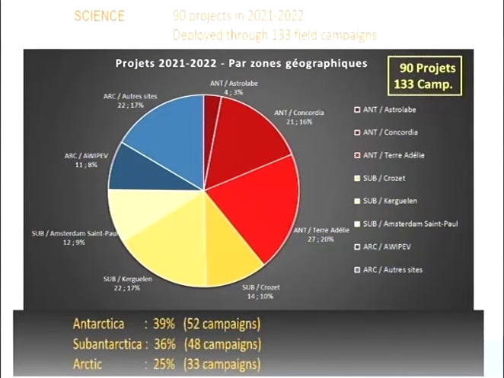The pie chart shows you where these projects take place. So the red part is Antarctica, the yellow part is the subantarctic islands, and the blue part is the Arctic. As you can see, Antarctica is the biggest part, 39% of the projects and the campaigns. Subantarctica, 36%, Arctic, 25%.